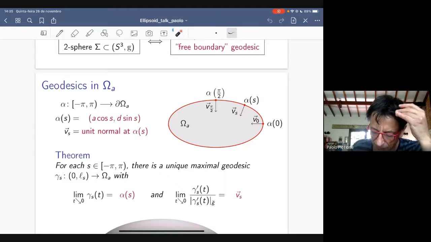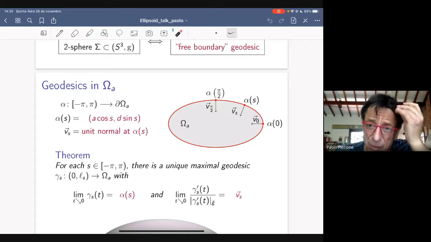So, this is a very tricky problem, like determining these free boundary geodesics when the metric is singular.